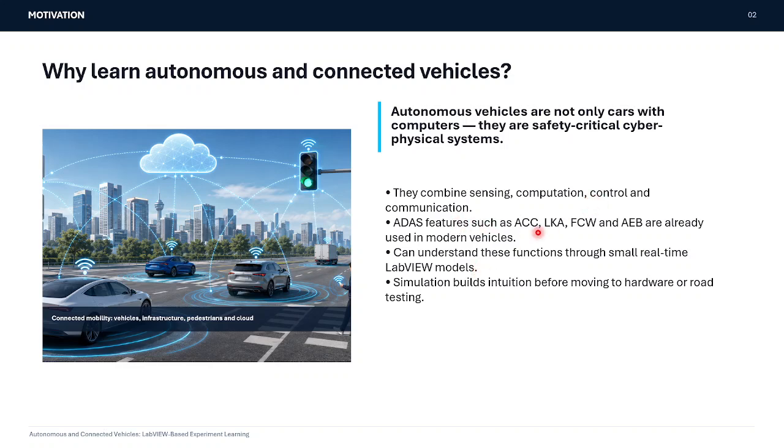Similarly, ADAS features include ACC, adaptive cruise control, lane keeping assistance, FCW, forward collision warning, and automatic emergency braking. These are already used in modern vehicles, and the autonomous vehicle is just the continuation of that.